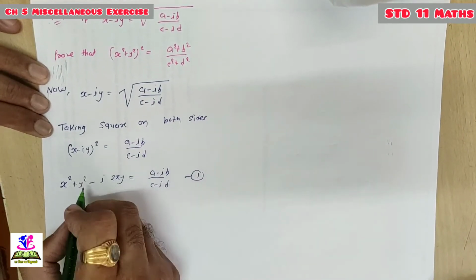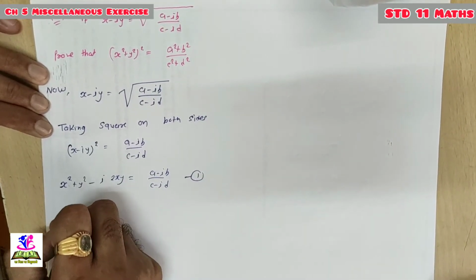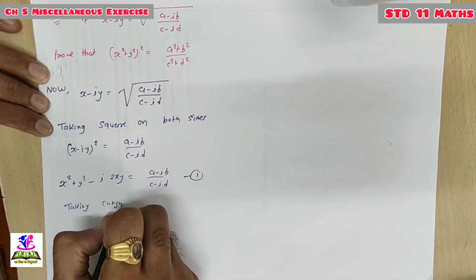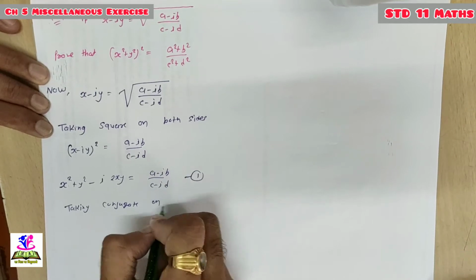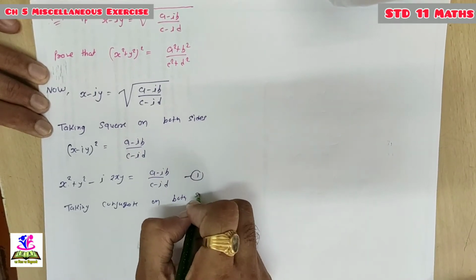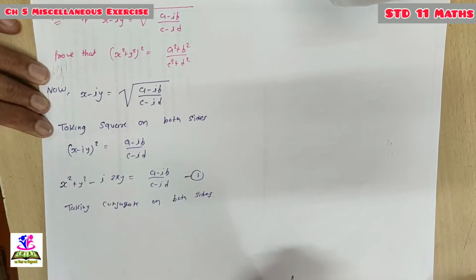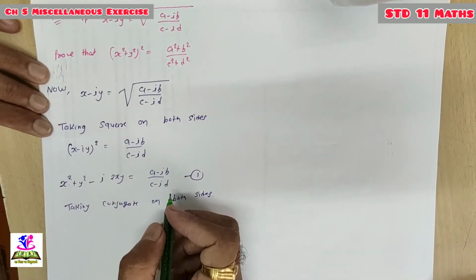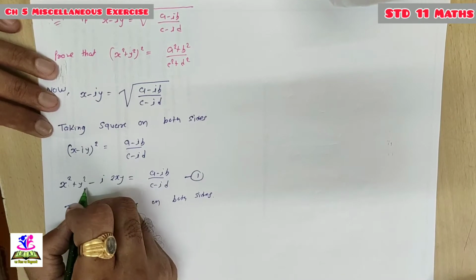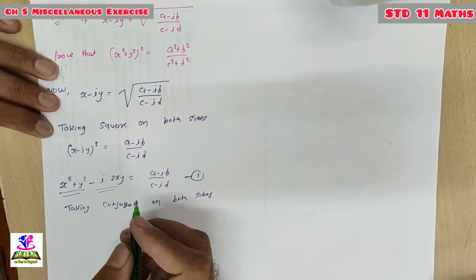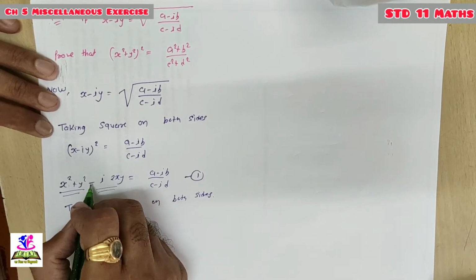Now we are taking the complex conjugate on both sides. So how can we get the conjugate of given numbers? By changing the sign of imaginary parts. So here x square plus y square is the real part, and the imaginary part is minus i 2xy, so here we have to change the sign.